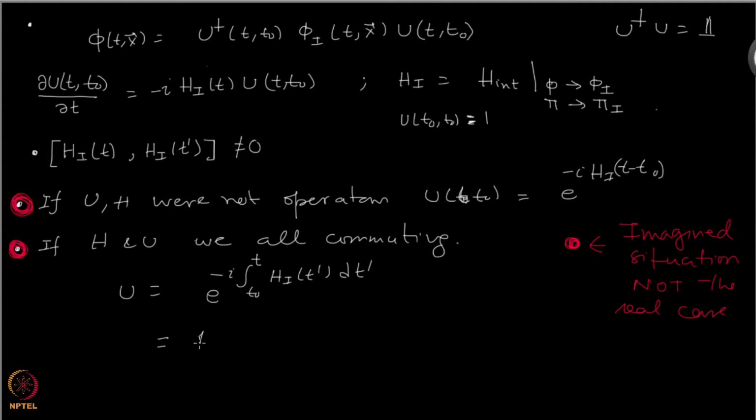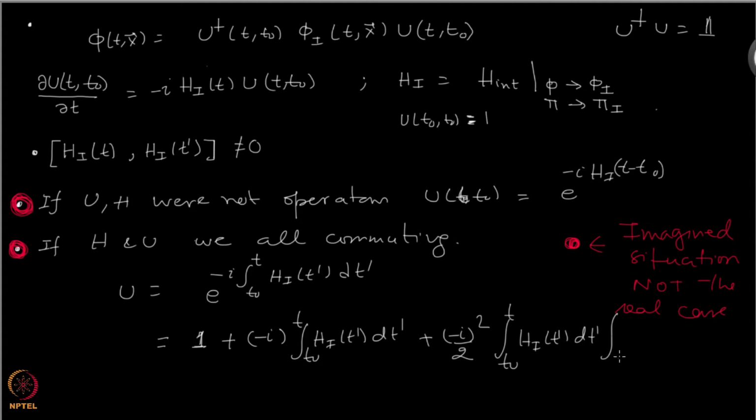This is formally defined as the following: 1 minus i integral from t0 to t of H_I(t') dt' plus (minus i) squared over 2 factorial, and then you have integrals from t0 to t, and so forth.